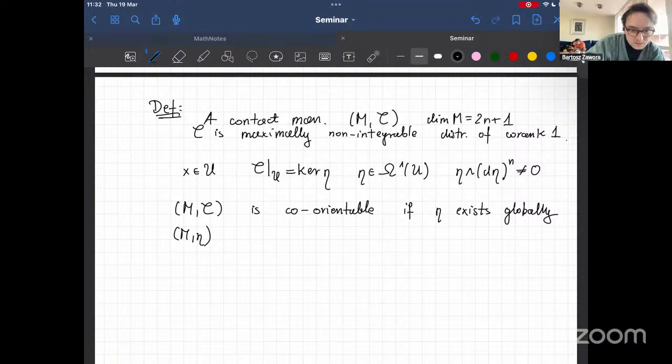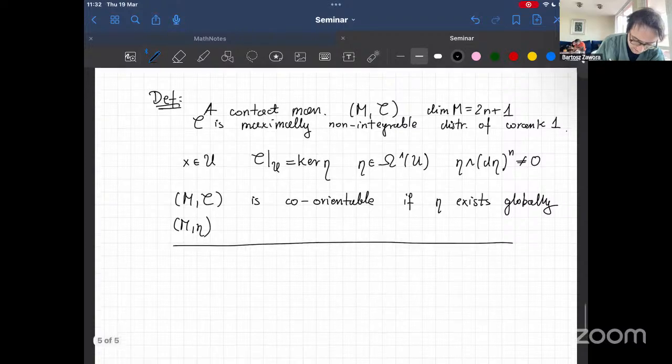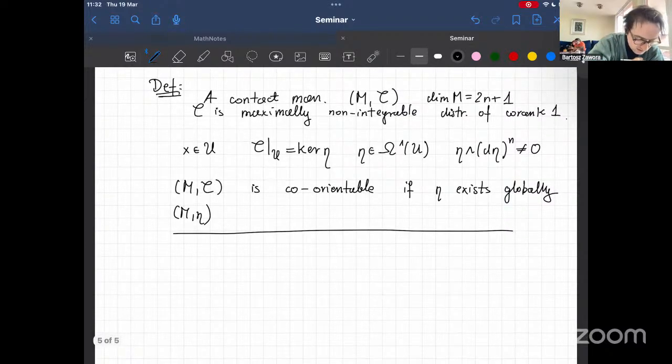Okay, so there is a one-to-one correspondence between homogeneous symplectic line bundles and contact manifolds.